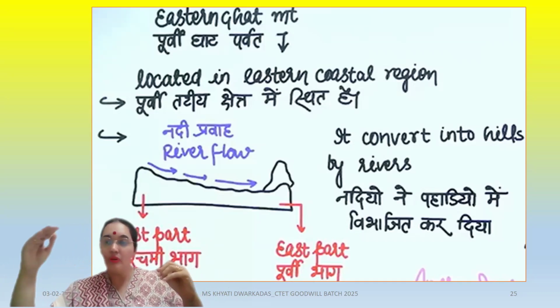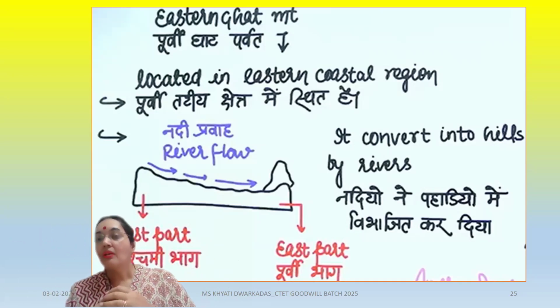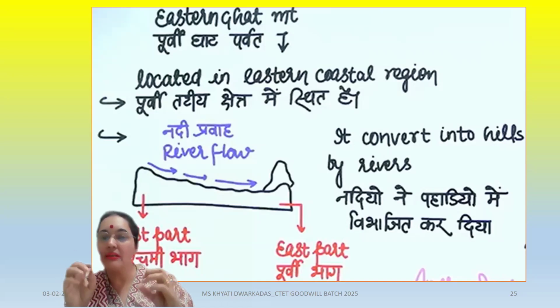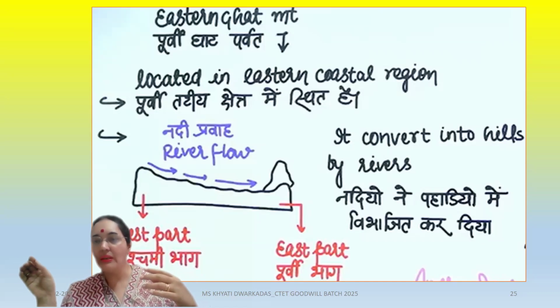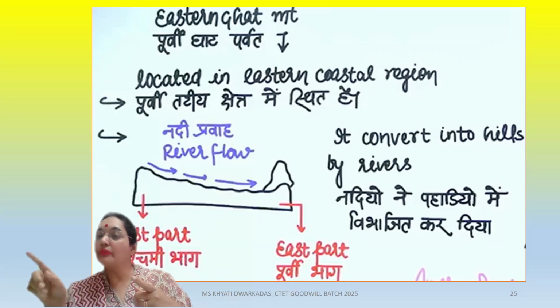The rivers flow across the country. So which are these rivers? These are the Godavari, Kaveri, and Krishna, three big rivers in the peninsula of India, which flow from west to east. Another east flowing river in the central highlands is Mahanadi.